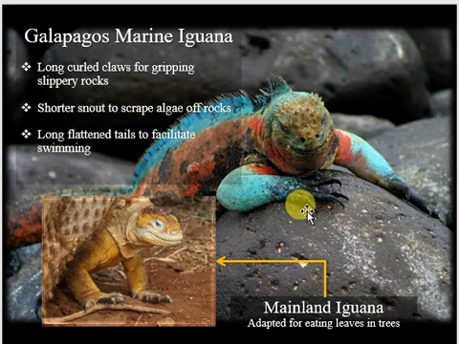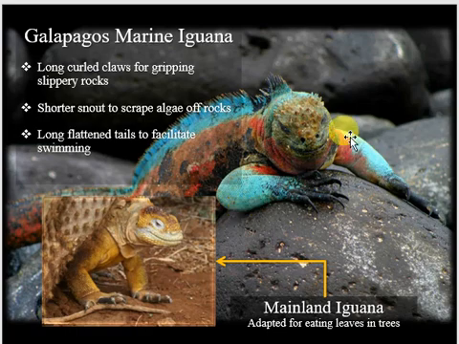These are all stark morphological differences that separate them from their close relative, the mainland iguana, the terrestrial species that's adapted for eating leaves and trees.